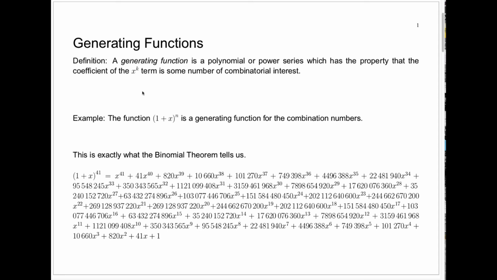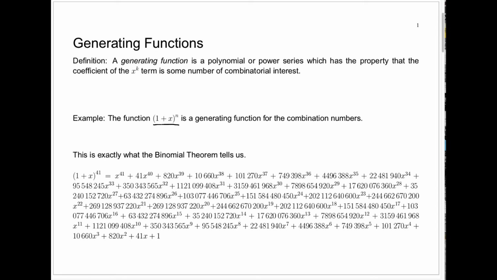Here's an example. The function 1 plus x to the nth power, which you can recognize already as just a binomial expression, this is a generating function for the combination numbers. Why?